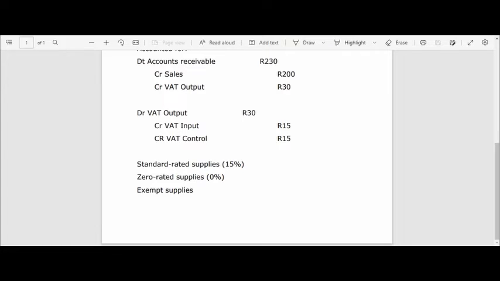We're going to credit, remember we have debited accounts receivable, which account are we now going to credit if we cannot recover that amount, with a full 230 rands? That gives you a hint. If we cannot recover the amount that is owed by the debtor, which account do we then have to credit?